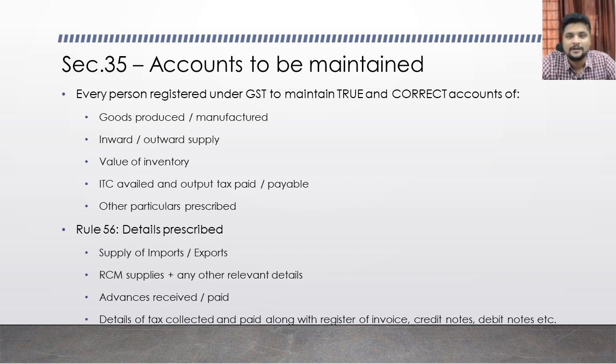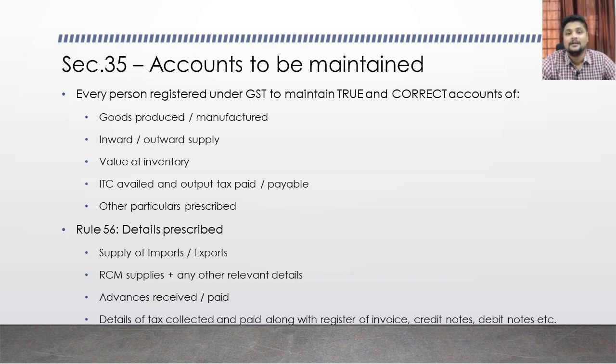The second point is any details of supplies on which tax is paid or payable under the reverse charge mechanism. Any supply on which tax is to be paid by the recipient under reverse charge, that is, any inward supply, as well as any outward supply which the supplier has done, on which the tax has to be paid by the recipient.